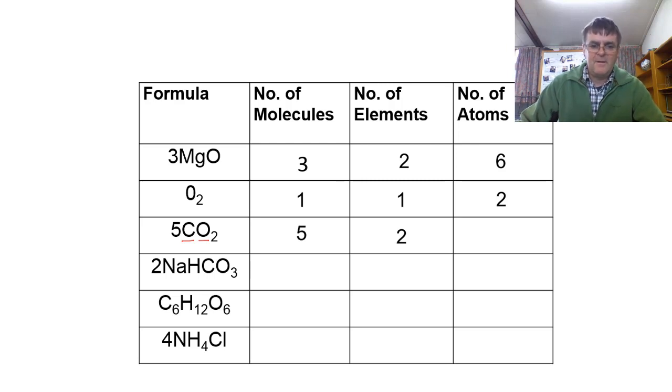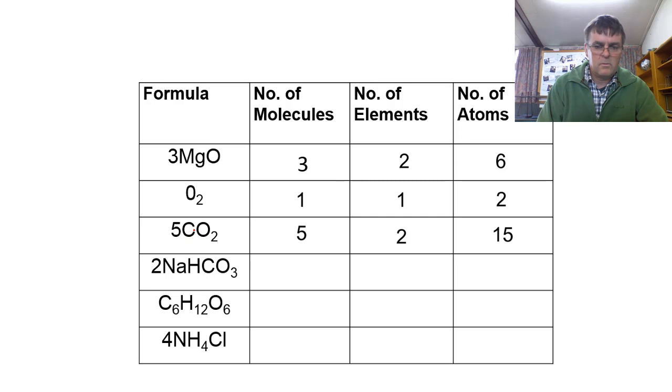And how many atoms have I got altogether? Well, I've got 5 lots of the carbon and 5 lots of 2 oxygens. How many is that going to add up to? 15. So 5 carbons and 10 of the oxygen.